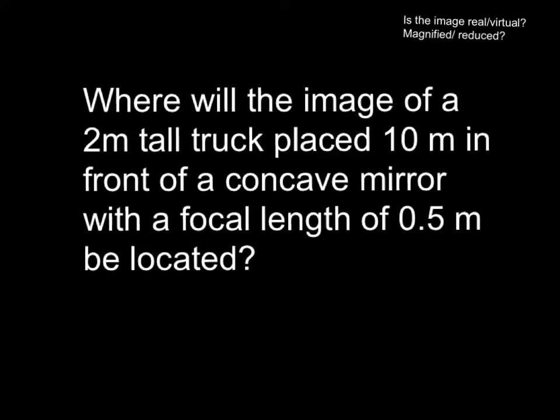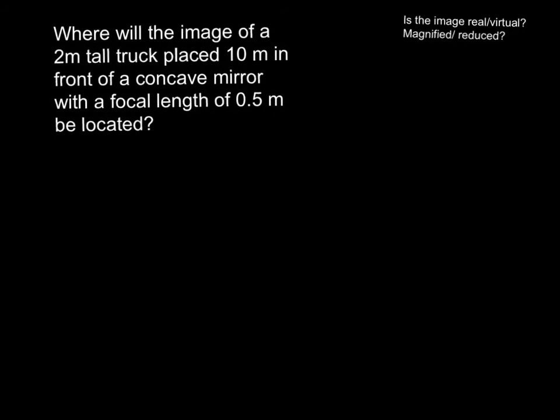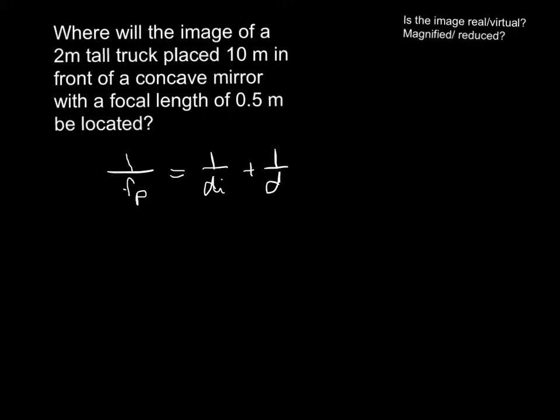So applying it to a problem: where will the image of a 2-meter tall truck placed 10 meters in front of a concave mirror with a focal length of 0.5 meters be located? Okay, so the focal length of our mirror is 0.5 meters. So we have 1 over our focal point is equal to 1 over di plus 1 over do.